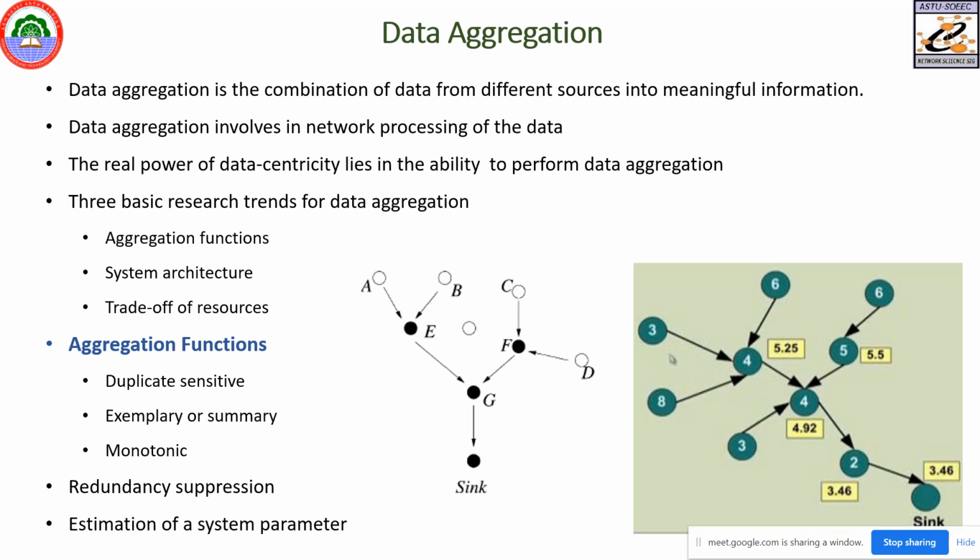Instead of sending all the individual pieces of data received by a particular node from all its neighbors, that node can aggregate or combine these multiple pieces of data collected from its neighbors into one single piece. The summarized data will be transmitted through that path to the intended destination.